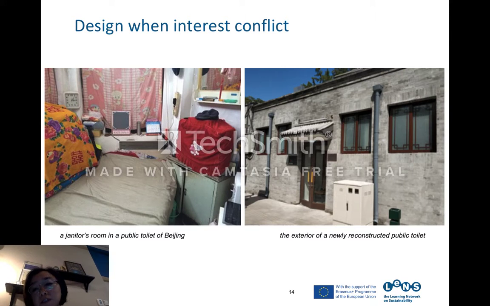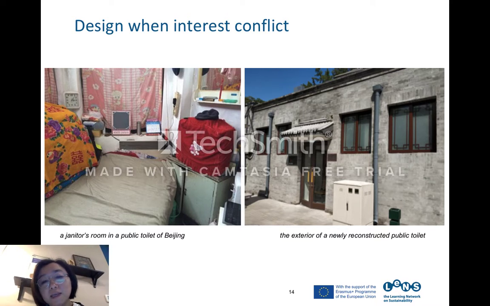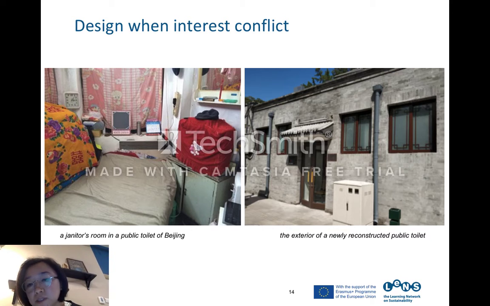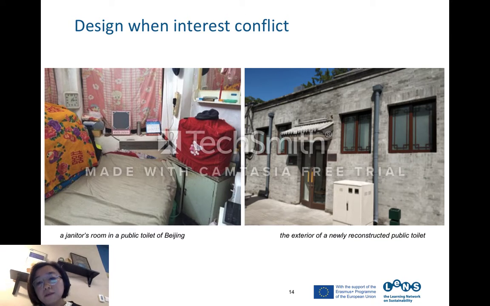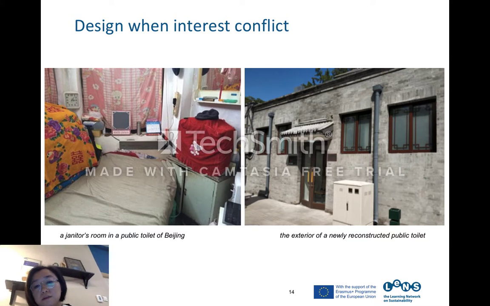Besides the tourists, there is another group sometimes ignored by the public: the janitors of the public toilets. Sometimes they live in a public toilet in order to maintain the work. After the reconstruction of the toilets, the interior space and living conditions of the janitors would sometimes be even better than the residents'.